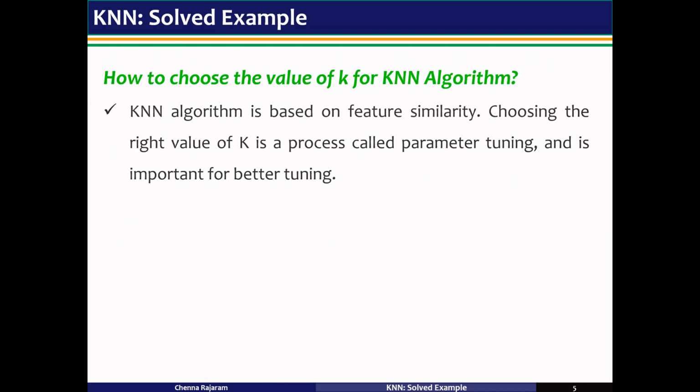The next step is how to choose the value of K for the KNN algorithm. The KNN algorithm is based on feature similarity. Choosing the right value of K is a process called parameter tuning and is important for better accuracy. The value of K is critical in KNN as it determines the number of neighbors to consider when making predictions.